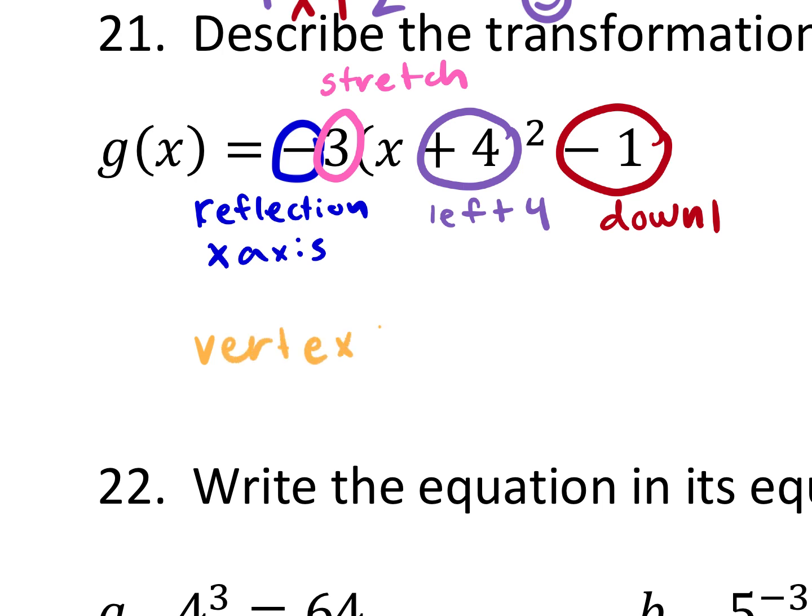Because this is in vertex form, so we can clearly identify the vertex. What would the vertex be? -4, -1. And if I'm moving -4, you'd be moving to the left to -4. Because we flip the sign of H. So it's like always the opposite of what you think for the one that's inside the parentheses.